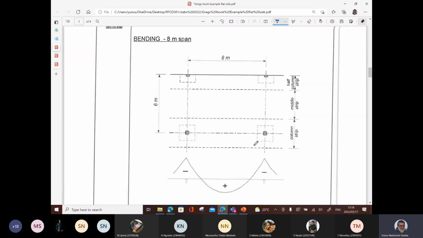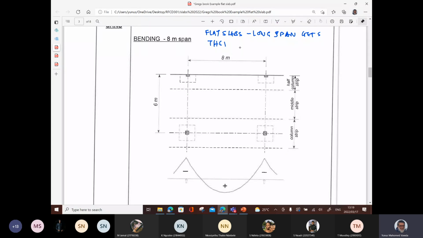Usually now in restrained slabs, the short span is a critical one. But when it comes to flat slabs, please be careful. The long span is a critical one, right? So in flat slabs, please note that the long span is critical. Long span gets the bigger depth.